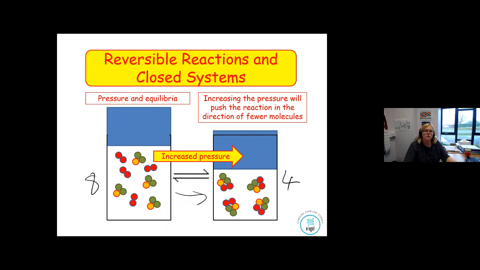So considering pressure is slightly more straightforward than the temperature one, you literally do need to look at which side has the smallest number of molecules. And then you need to consider if it's shrinking in number of molecules, it will favour high pressure. And if it is increasing the number of molecules, then actually it needs to be performed at the lowest pressure possible.